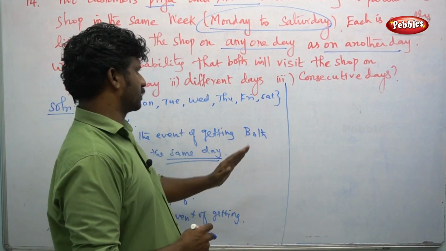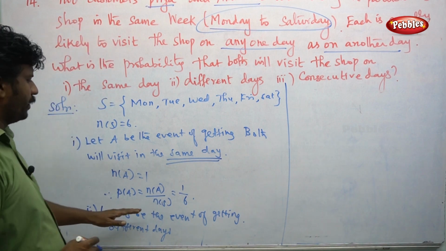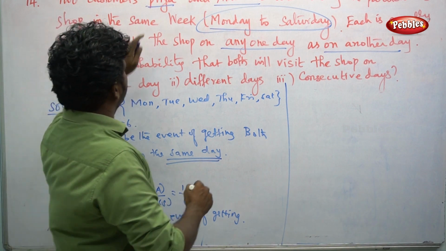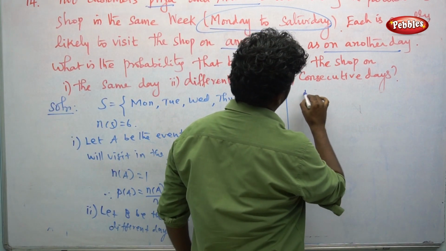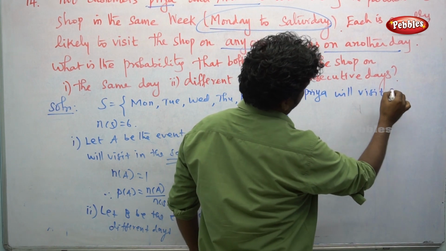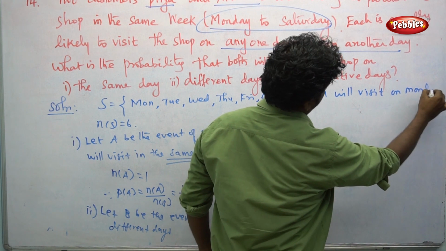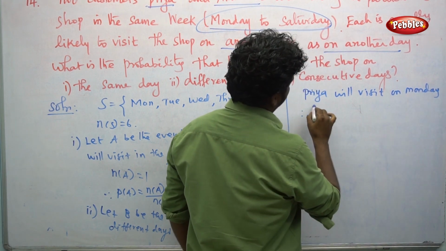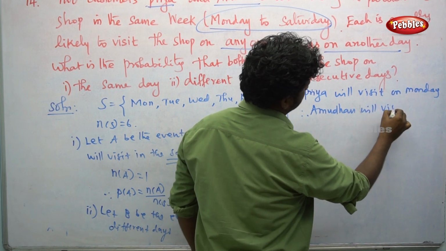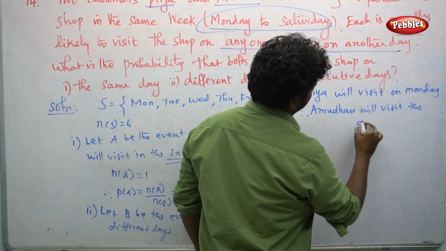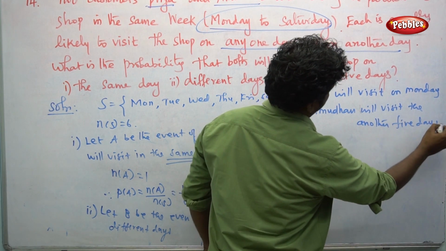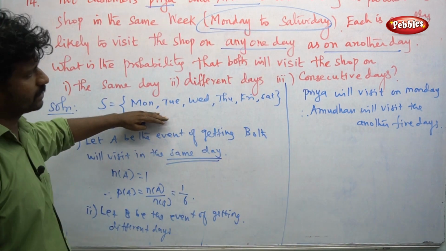So see the concept for second point. இதுக்கு என்ன அர்த்தம்னா, சப்போஸ் ஃபார் எக்ஸாம்பிள் பிரியா விசிட் ஆன் மண்டே அப்படின்னா definitely therefore the Amudan will visit the another 5 days, correct? ஸோ மொத்தம் ஓவரால் 6 டேஸ் இருக்குது.